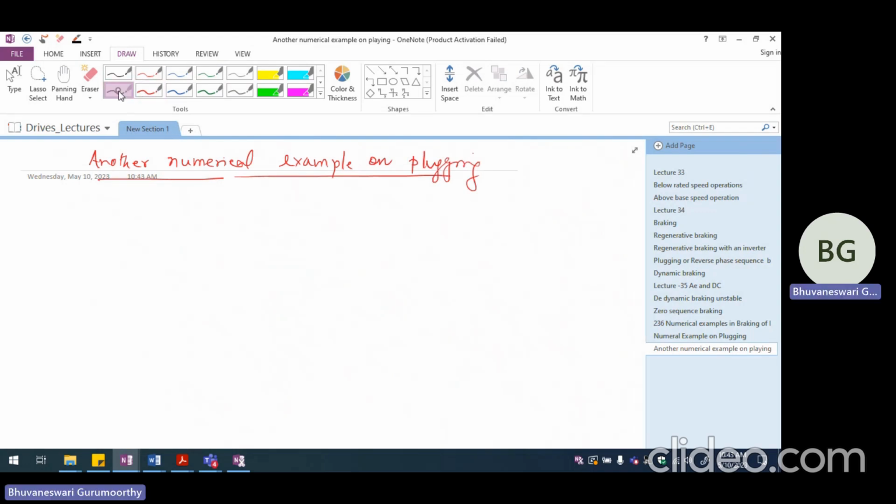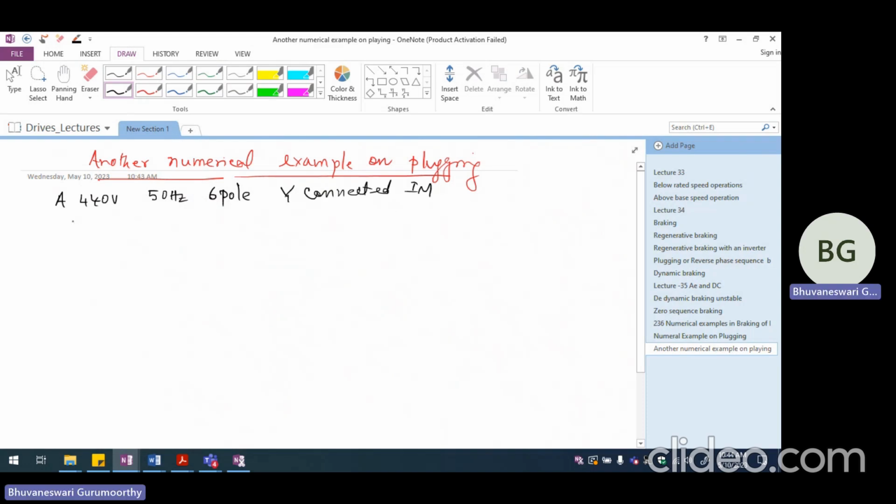This example, the problem statement goes as follows. It is a 440 volts, 50 hertz, 6 pole, Y connected induction motor.